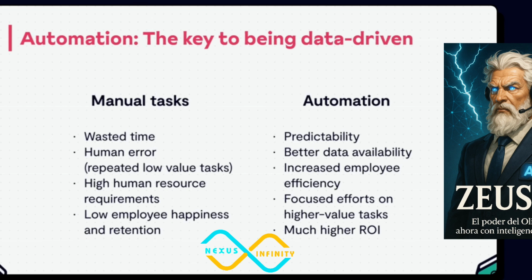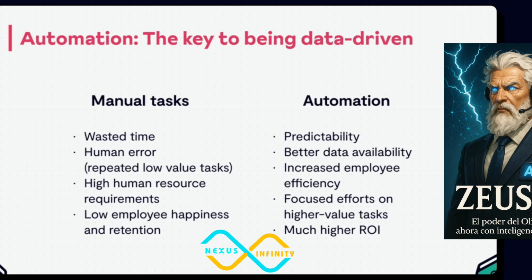When tasks are executed manually, we have a lot of wasted time, we have human error from repeated low-value tasks, as well as high human resource requirements. This leads to low employee happiness and retention. No one is happy to be doing low-value tasks, for example, copying data from one spreadsheet to another.